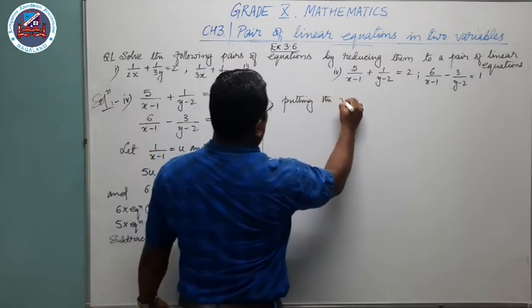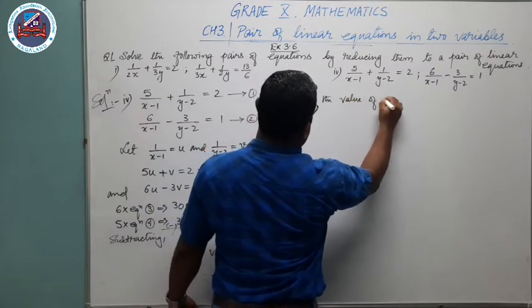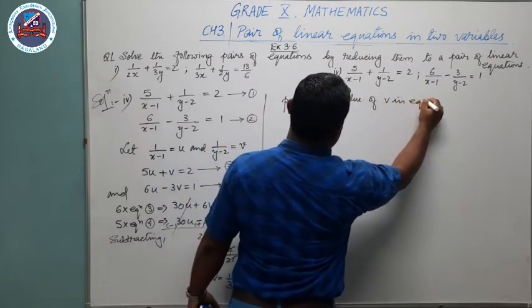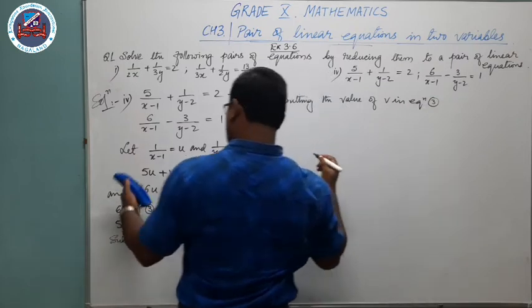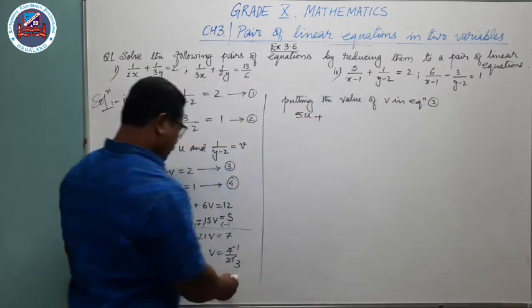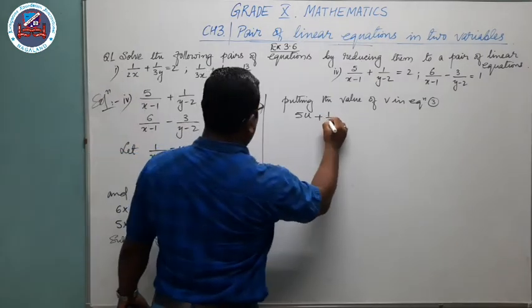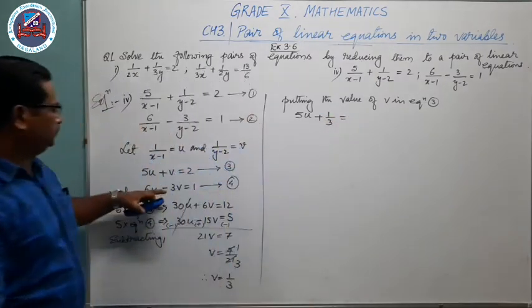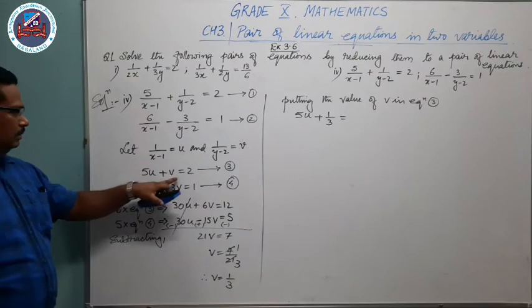Putting the value of v in equation 3. Equation 3 is 5u plus v, v is 1 by 3, 1 by 3 is equal to 2.